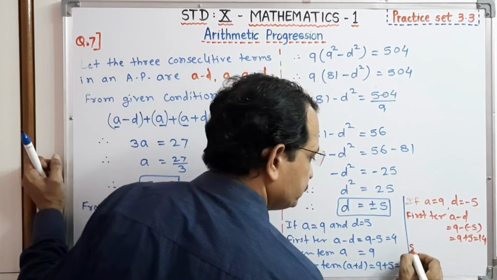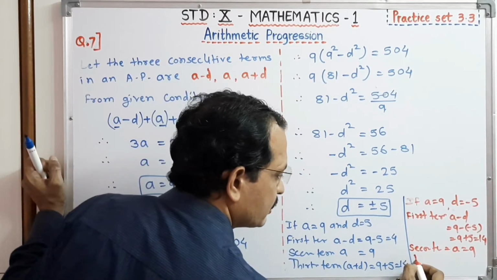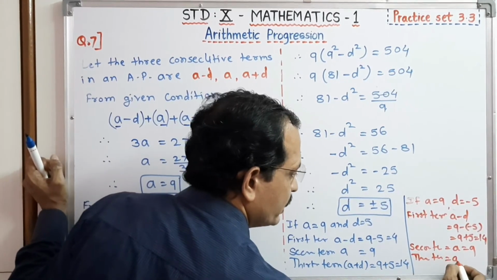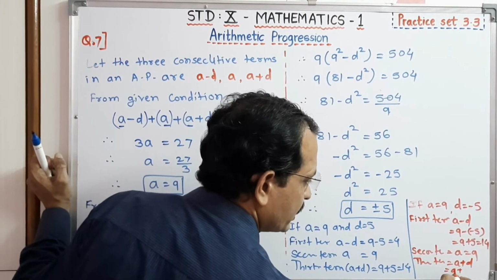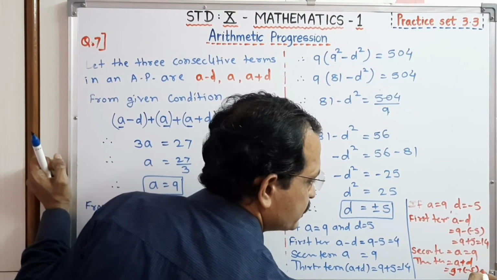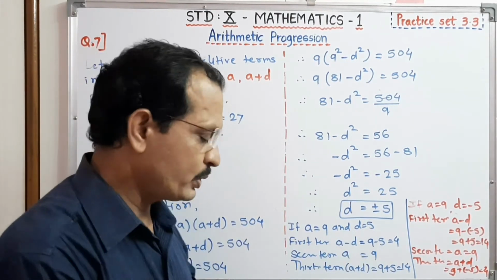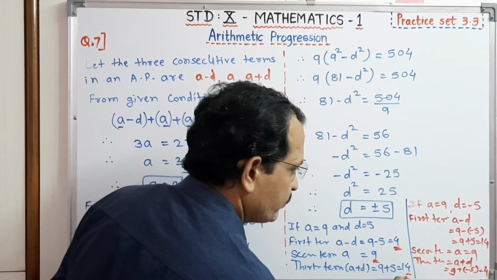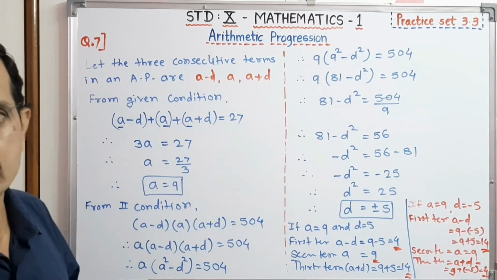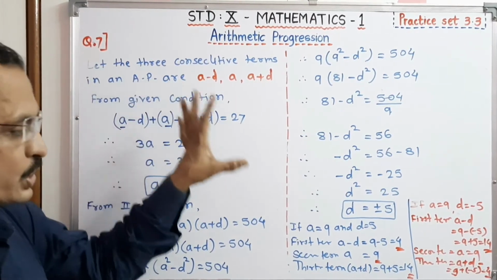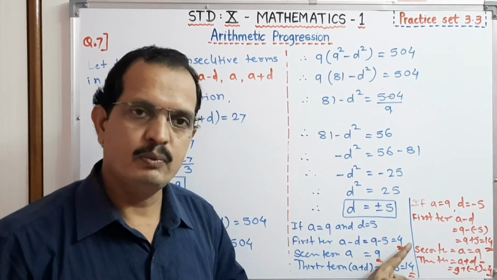Then the second term a is equal to 9, and the third term is a plus d, which is 9 plus minus 5, equal to 4. Therefore the terms are 14, 9 and 4. We have to write the final answer as: the three consecutive terms are 4, 9, 14 or 14, 9, 4.